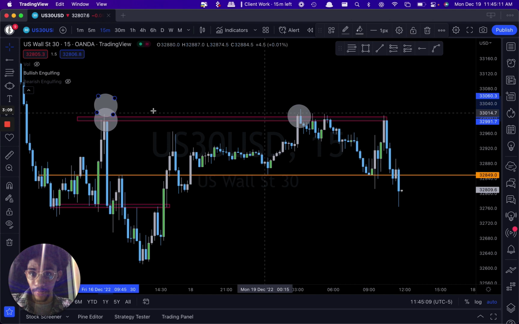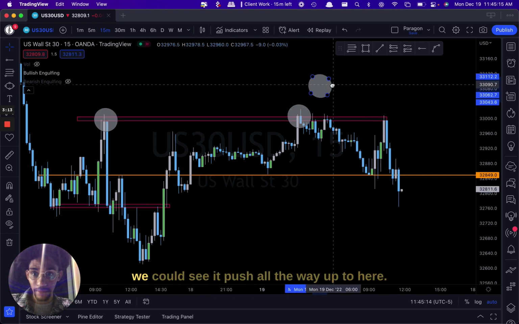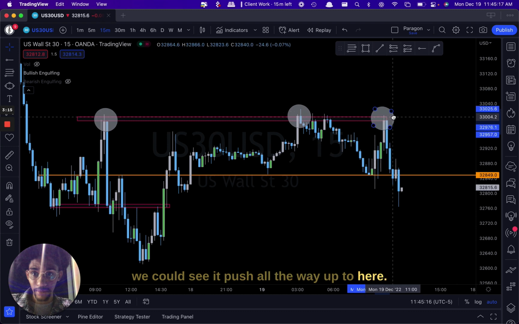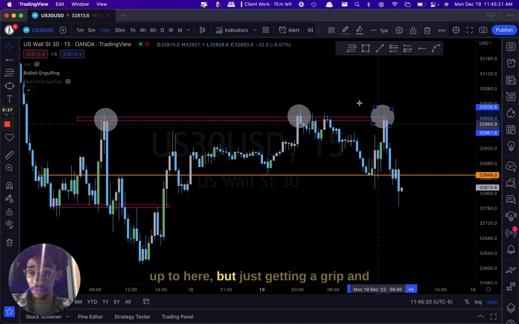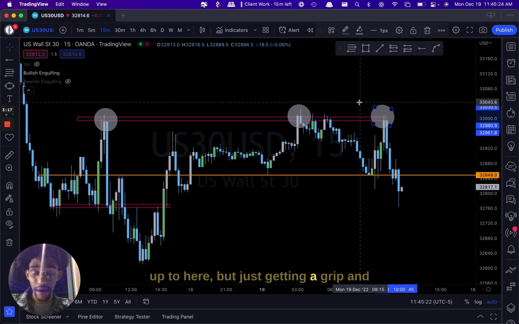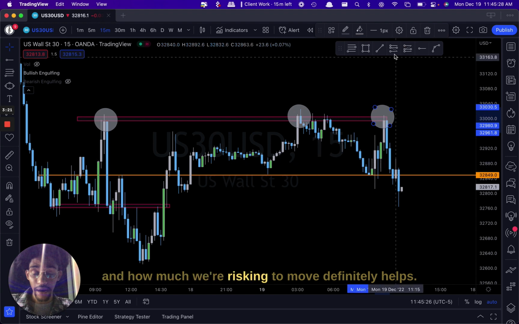Based on what we see prior, we could see it push all the way up to here. In my position, I actually sold before it reached up to here, but getting an understanding as to where it can go and how much we're risking to move definitely helps, right?